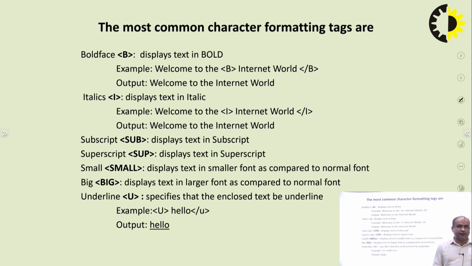The B tag will be written as B in angle brackets, and it will display the text in bold format. So if I write here, welcome to the B internet world, once I open that, only this word will be in boldface, or we can say bold.